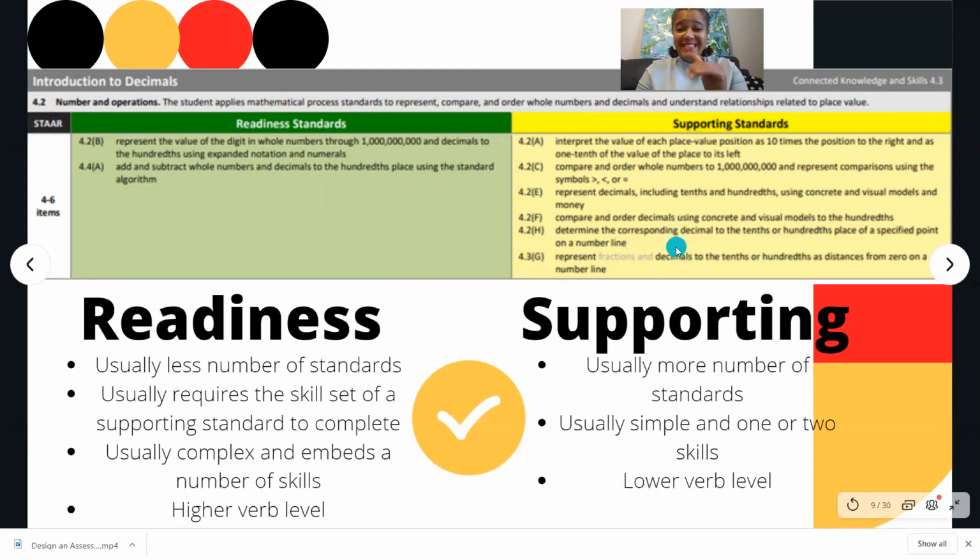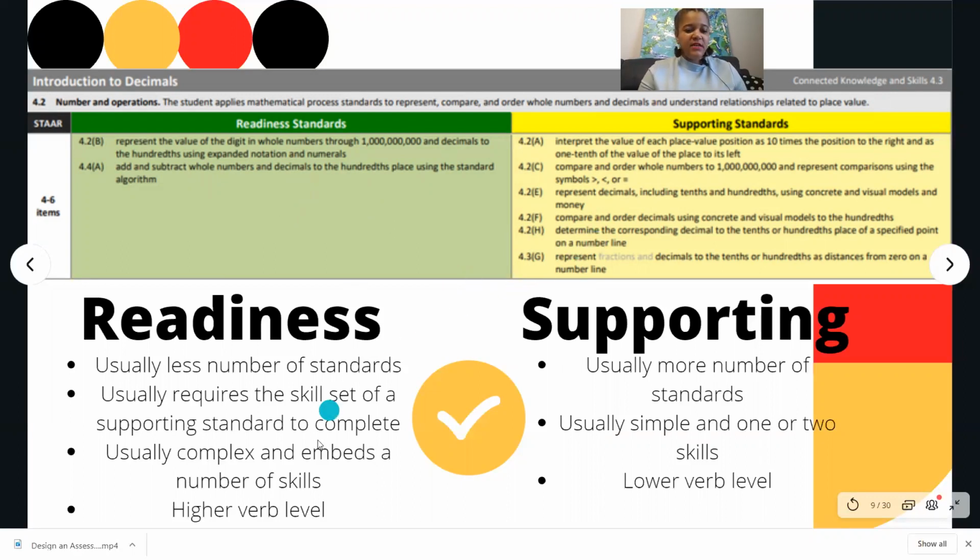That's more detailed. It's very direct on what the expectation is. But this can actually be tested over here. So this supporting standard can actually become a readiness standard. And you cannot perform the task of a readiness standard without knowing the supporting standard.